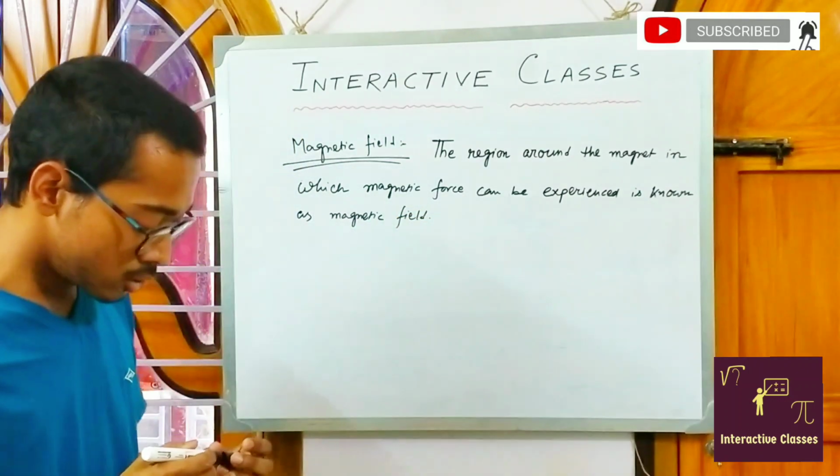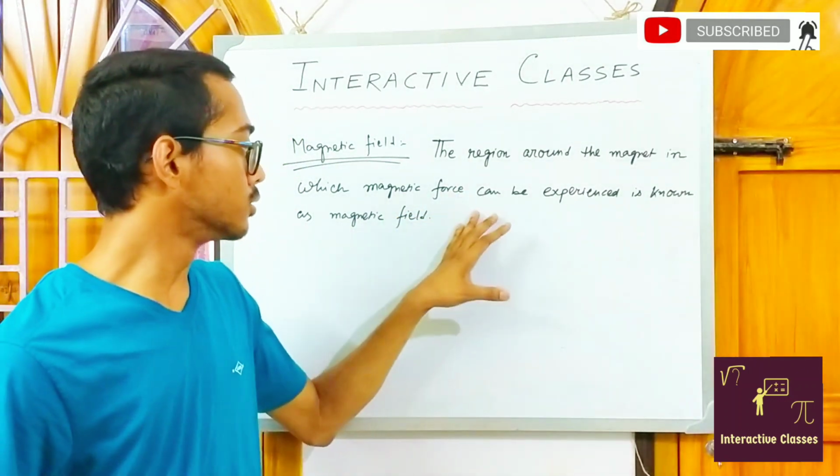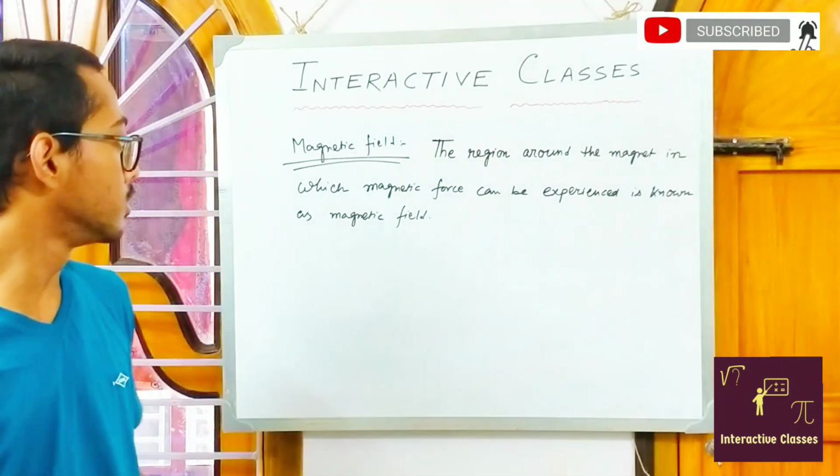Okay, so this is a very simple and compact definition for magnetic field.